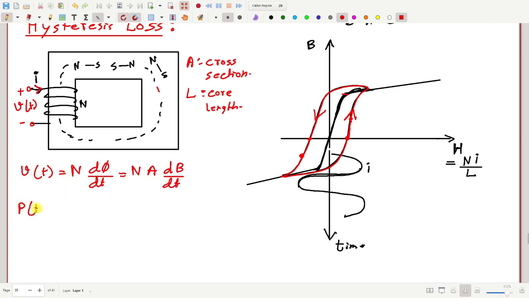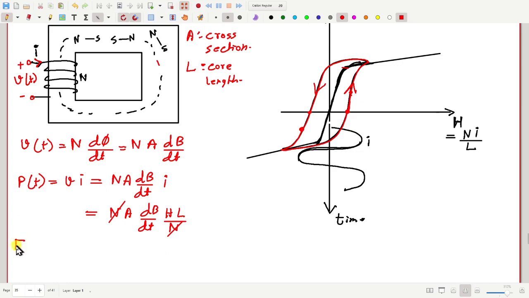So now power, that will be V into I. So that will be N A dB dt into I. Now in place of I, let me write I will be HL by N. So these two N's cancel. So this is the power. So energy will be P into dt, power into dt.